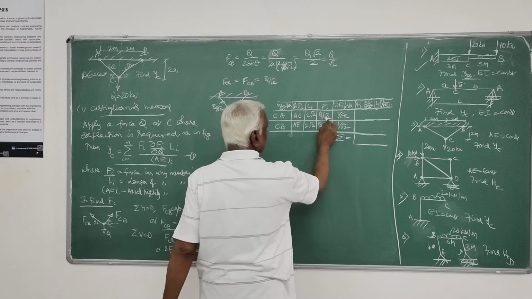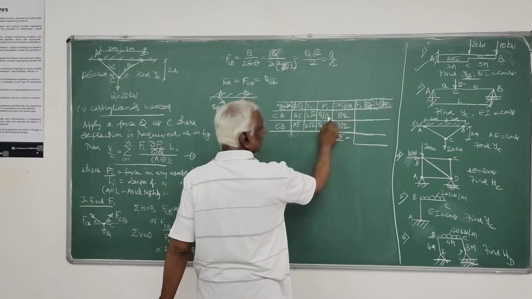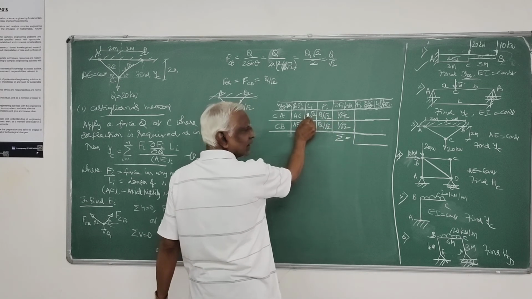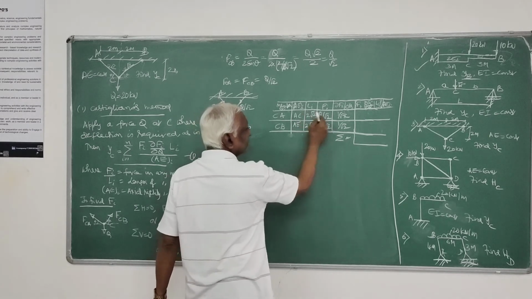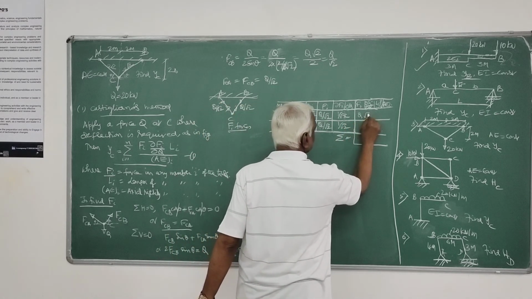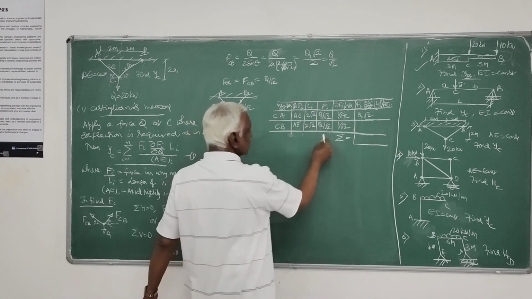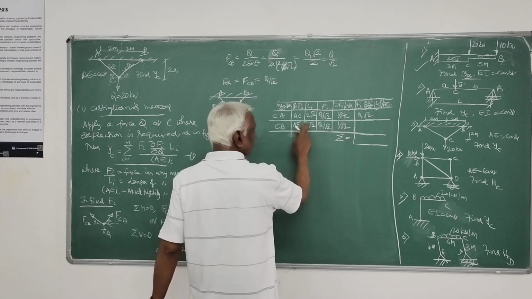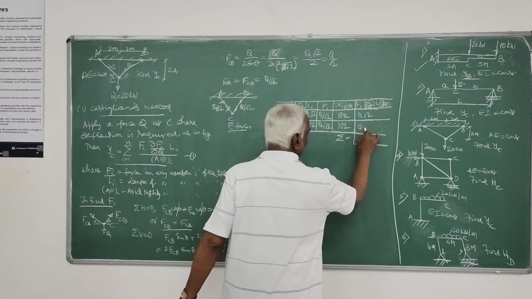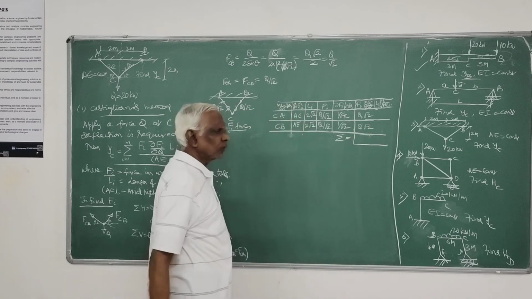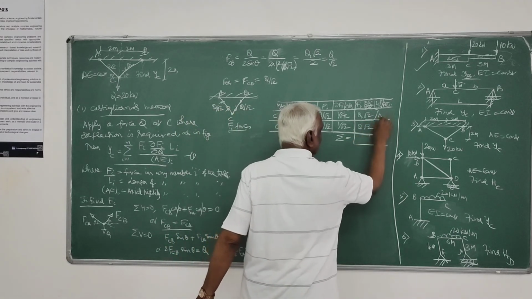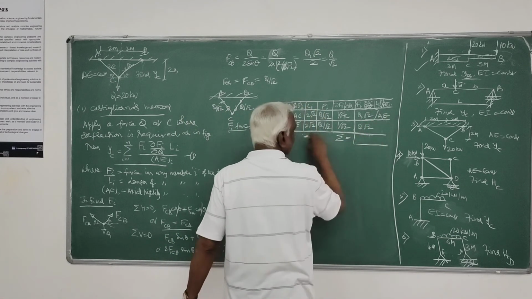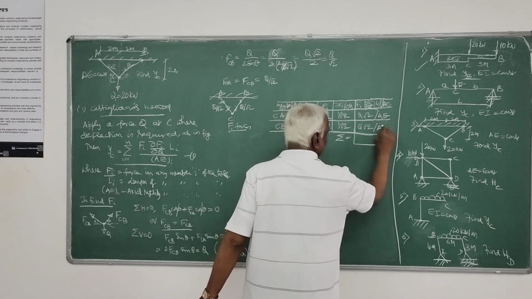Okay? This root 2, that 2 and this 2 get cancelled. You have just Q root 2. Here also root 2, that 2 get cancelled. You have just Q root 2 divided by AEI, which is AE. Here also it is AE.